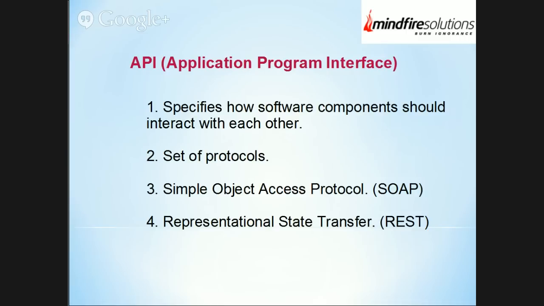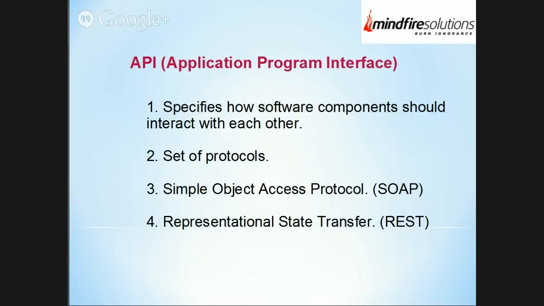This is a newer protocol. Because of the complexities involved with SOAP, they came up with REST, and they sometimes call it a RESTful API. This is actually an architecture using which you can communicate, send requests, and send responses. So this is again another protocol.